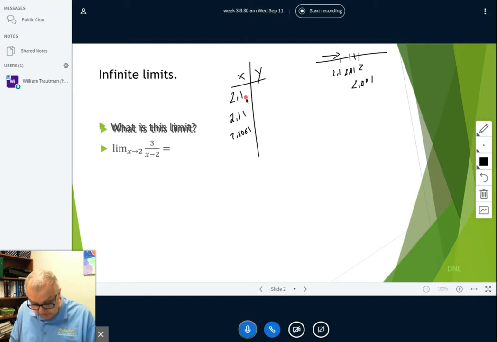So I do 3 divided by 2.1 minus 2, and I get 30.